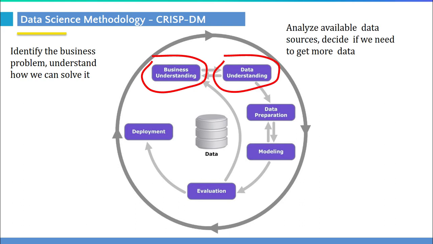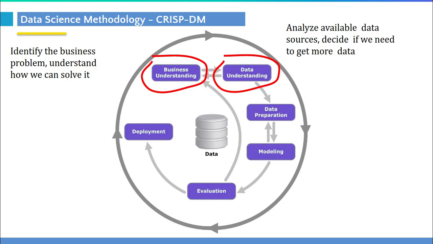So that's where it's pretty important to understand what data we have and what data sources we may have to collect the data which is relevant and useful for this particular business objective. We have to decide how much data we want and what sources we have.